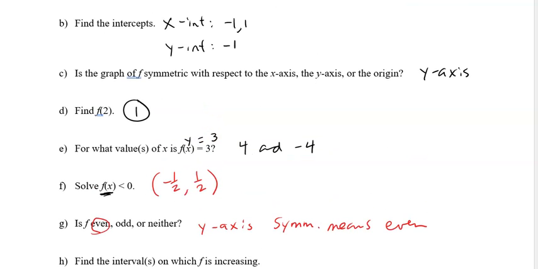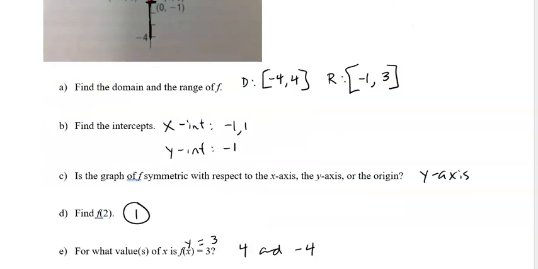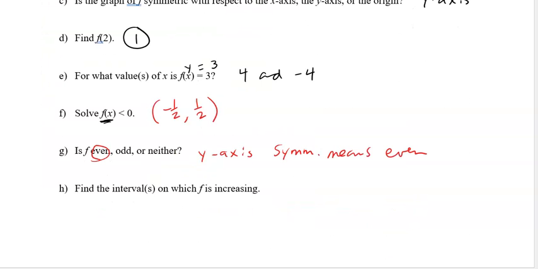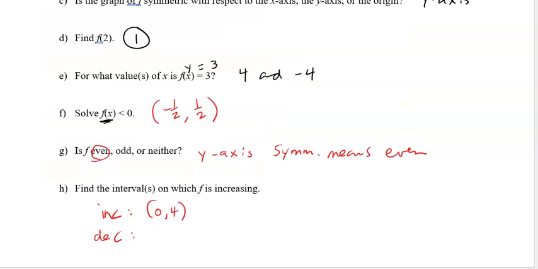And now, where is the graph increasing? Well, it's increasing from x is 0 to x is 4. And then let's see where it's decreasing, from -4 to 0. Okay, I think we got it. That is your test review sheet for this test coming up. And I hope this helps. But if you still have any questions, need any help, let me know.